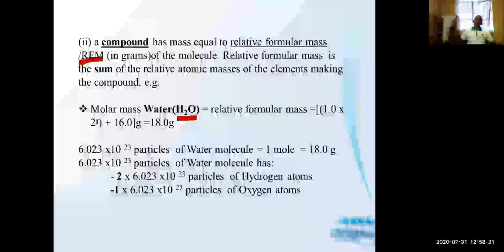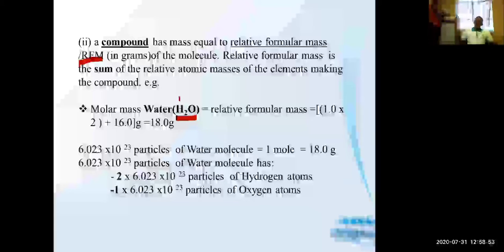And you can see how to get the molar mass or the relative formula mass of water. Water has two elements combined together.